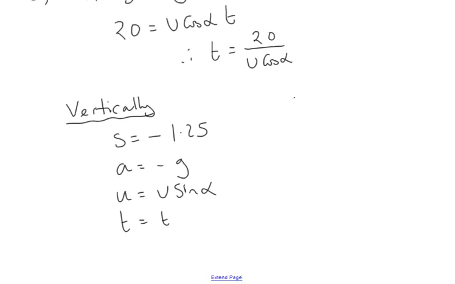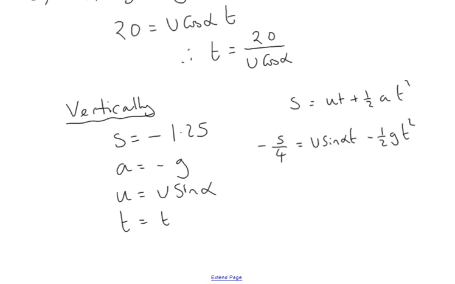If I use S equals ut plus a half a t squared, then we know that minus 5/4, minus 1.25, is u sine alpha t minus a half g t squared.